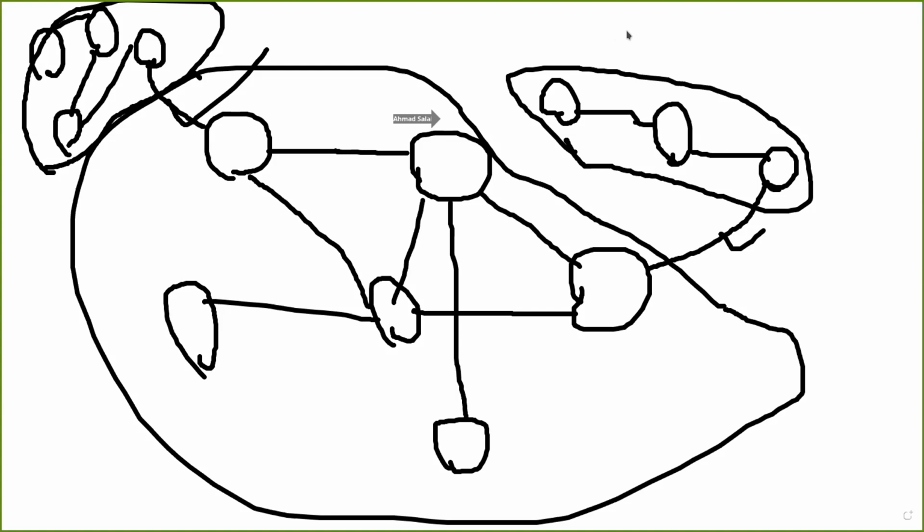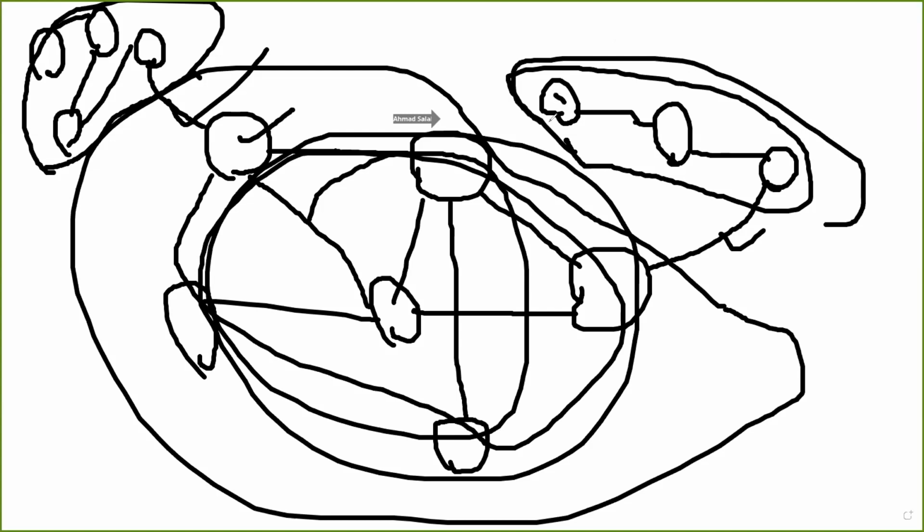So the solution will go something like this. We will do a DFS. Just count DFS from any node, and then go for all nodes that we can reach. So if we DFS from here, then we'll reach all these nodes. Then DFS from here, and we'll have reached all of these nodes.